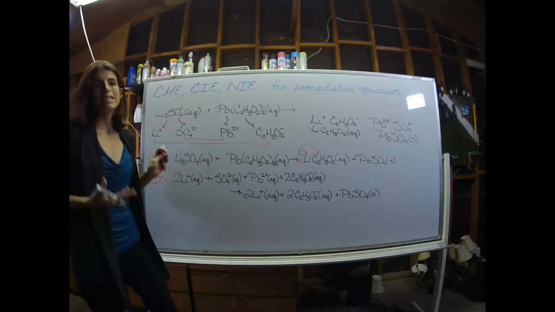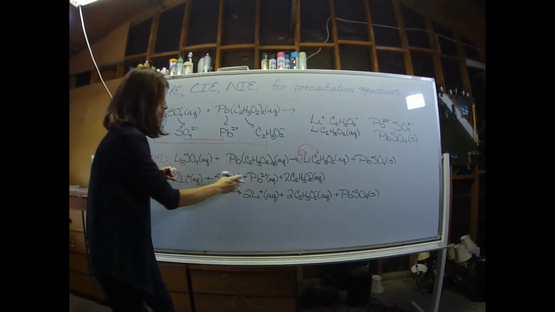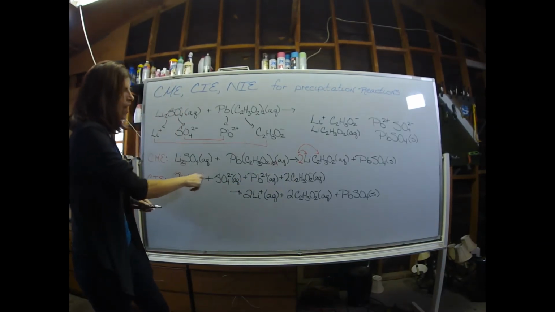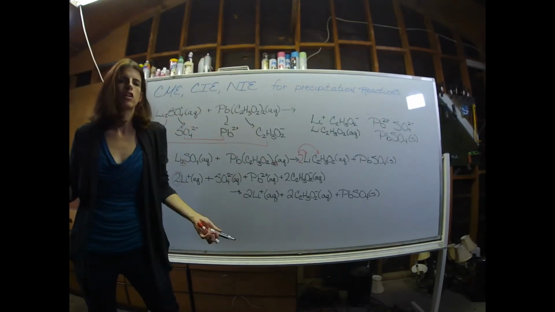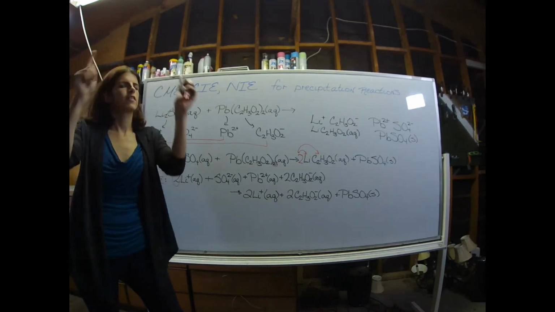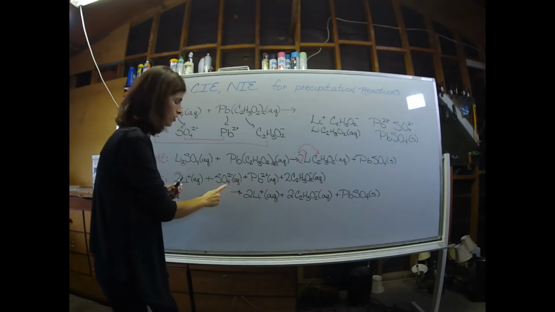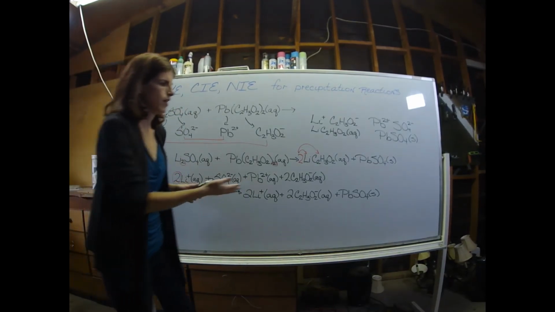And so once they got into the club, they all went their separate ways. And that's what we see here. Lithium is a single ion, sulfate's a single ion. They're all floating around. They're not hooked up with anybody else, right? And then, there was like a love connection, right? Because then lead and sulfate found each other and fell in love, and now they're a couple.